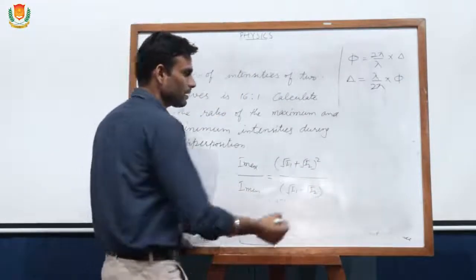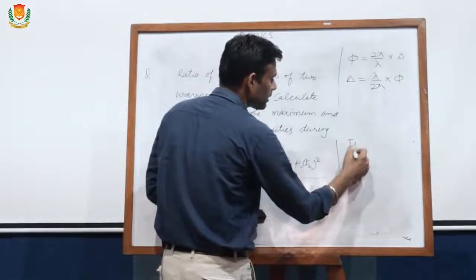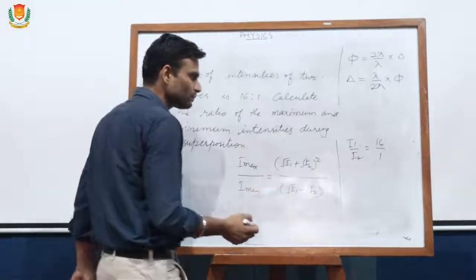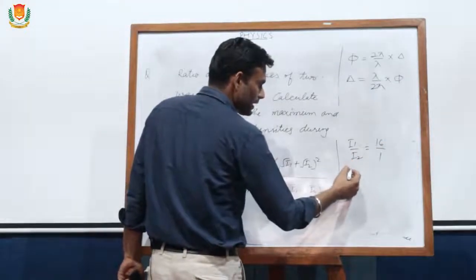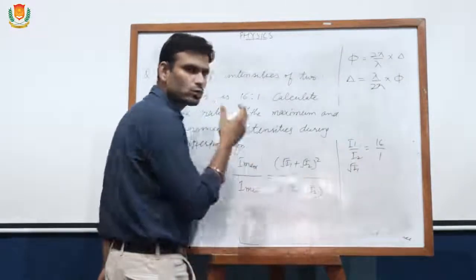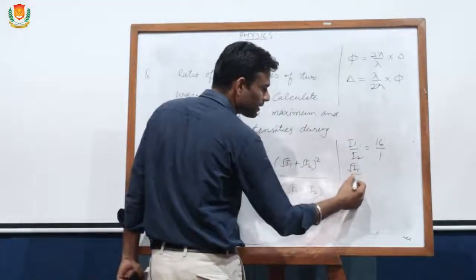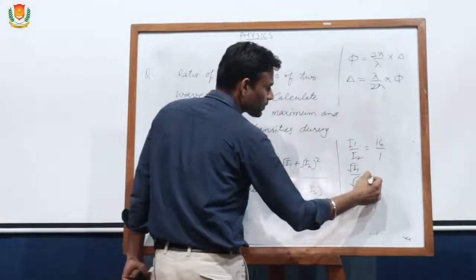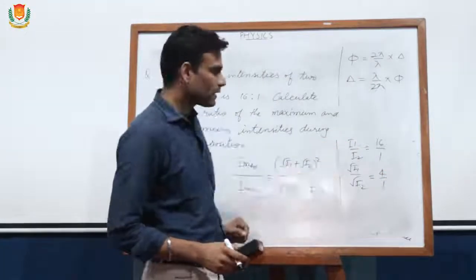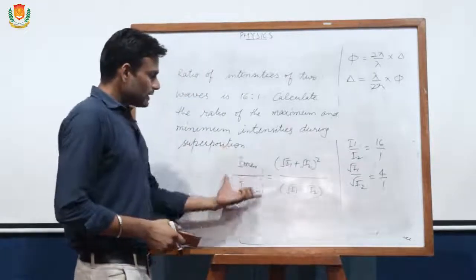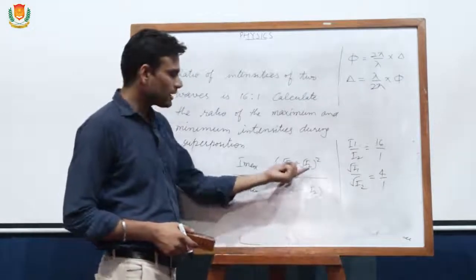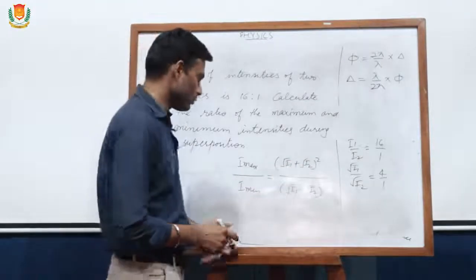Now here given is I1 upon I2 is equal to 16/1. On taking square root on both sides, we will get square root of I1 upon square root of I2 equal to 4/1. Square root of 16 is 4, square root of 1 is 1. To calculate the ratio between maximum and minimum intensities, we divide the numerator and denominator both by square root of I2.